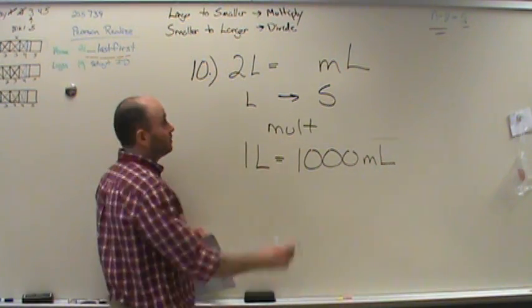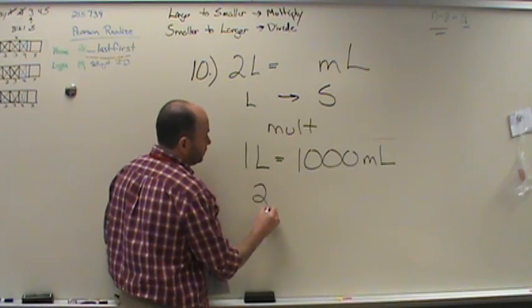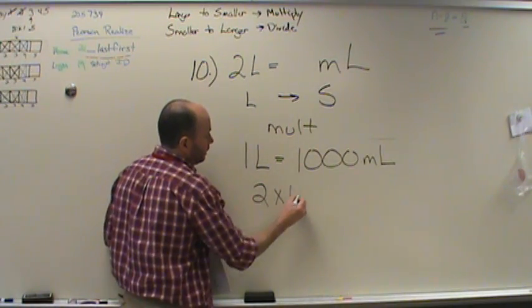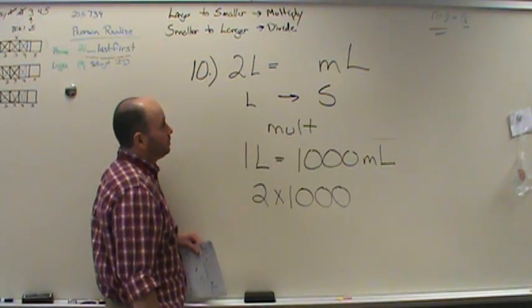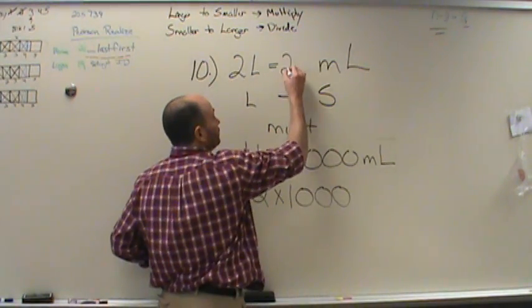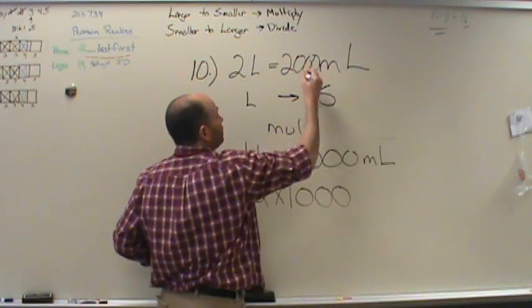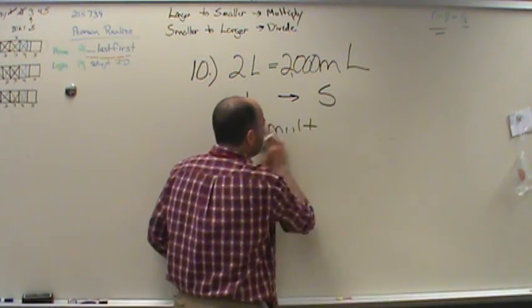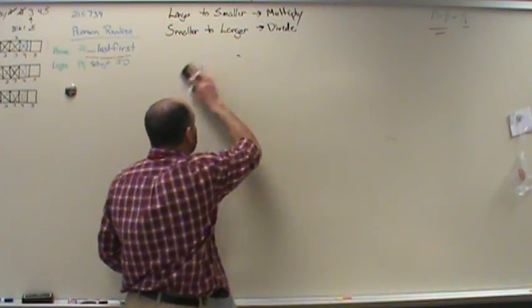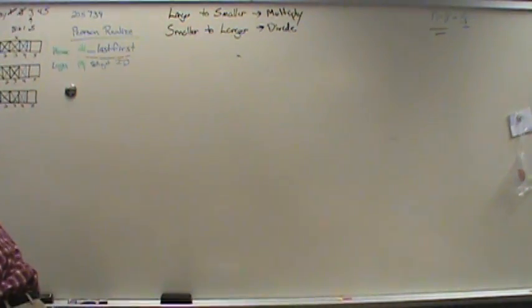So in this case, we take our 2 liters and multiply it by 1,000. And when we do that, our answer is 2,000 milliliters. All right, let's go on and try the next problem.